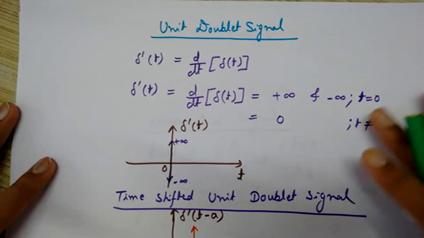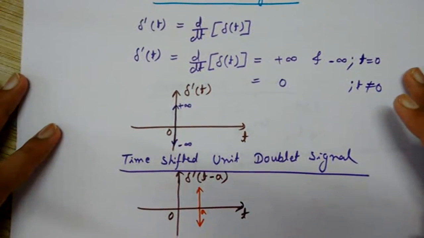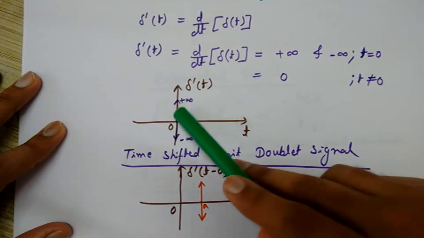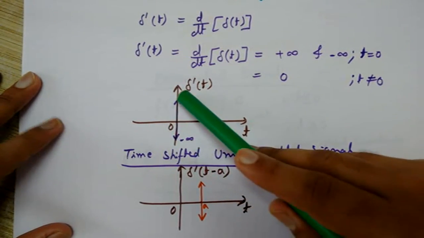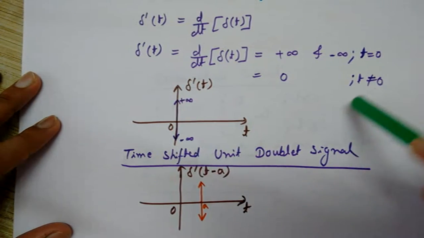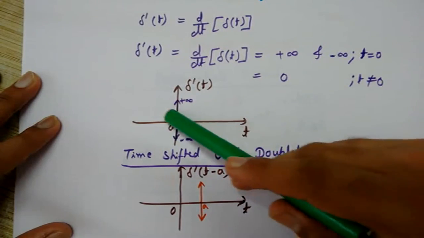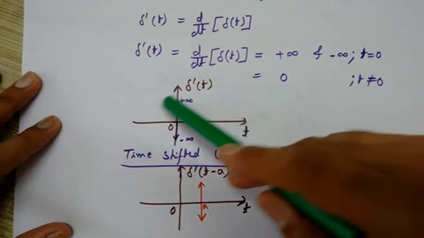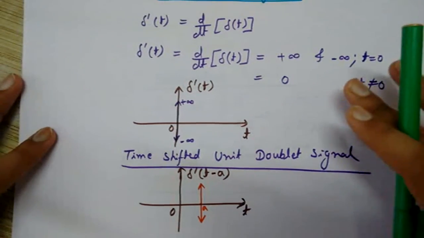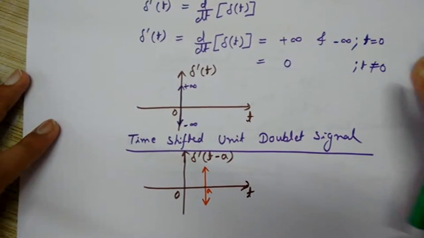You can see the same thing in this diagram: at t equals 0, its value is plus infinity and minus infinity, and when t is not equal to 0, it is 0 in all these cases.